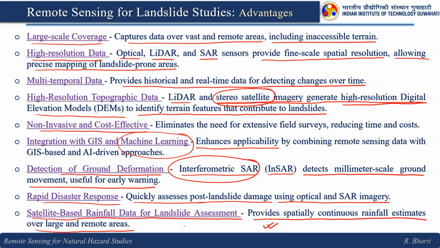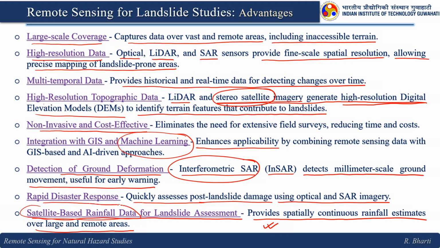This is very useful when you do not have the ground measurement. So many of the areas we do not have the ground station for the precipitation measurement. So in such condition, this satellite based rainfall data will provide you the information and that will help you to do your analysis, and you can perform the landslide susceptibility or landslide studies.